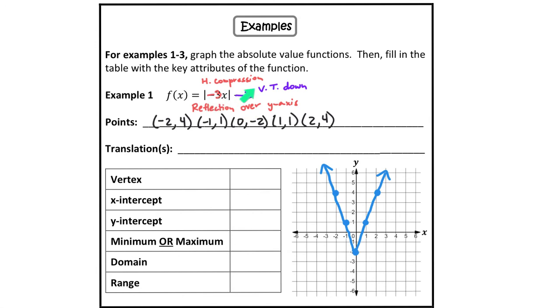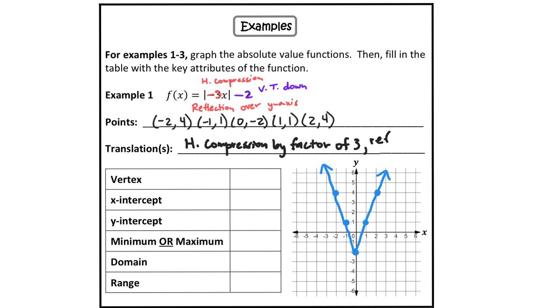And then we're going to write what type of transformations are going on here. So there is a horizontal compression by a factor of 3.